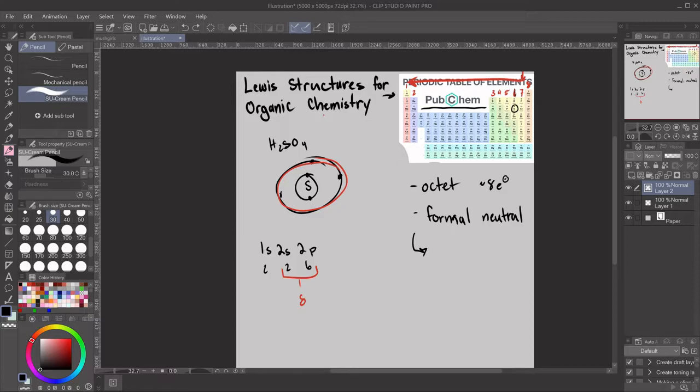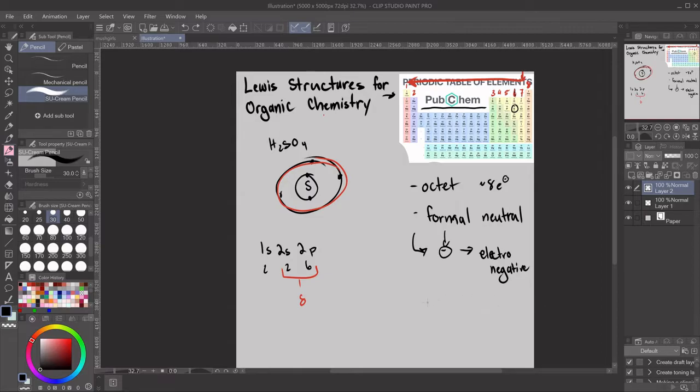Also, something to note is that if you have to have a negative charge, you're going to want that negative charge to go on an electronegative atom. That name is exactly what it says. The more electronegative it is, the better it handles a negative charge. And if you recall from general chemistry, the general pattern is that as we go up and to the right on our periodic table, the more electronegative we will be.